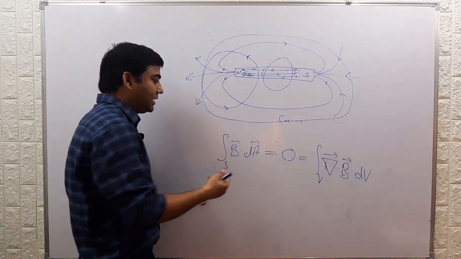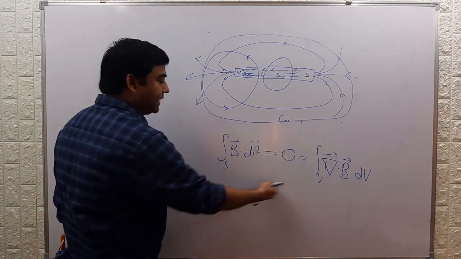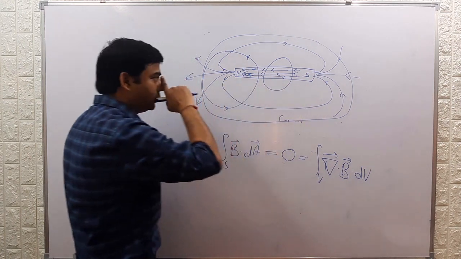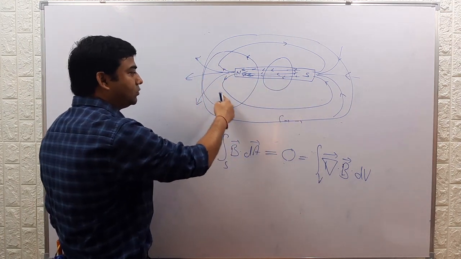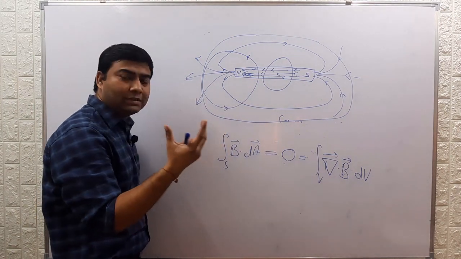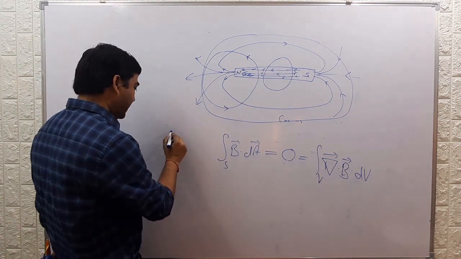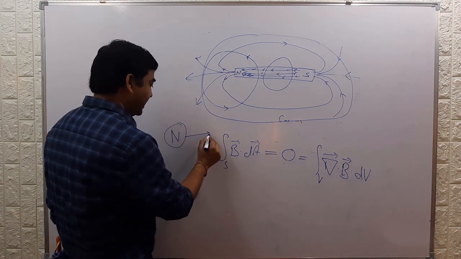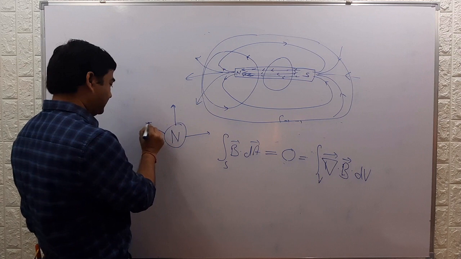Why is it 0? Because this is the North Pole and this is the South Pole. Lines will start from the North Pole and end at the South Pole. If there is a single North Pole, just imagine there is a single North Pole, then the magnetic field line will be like this.